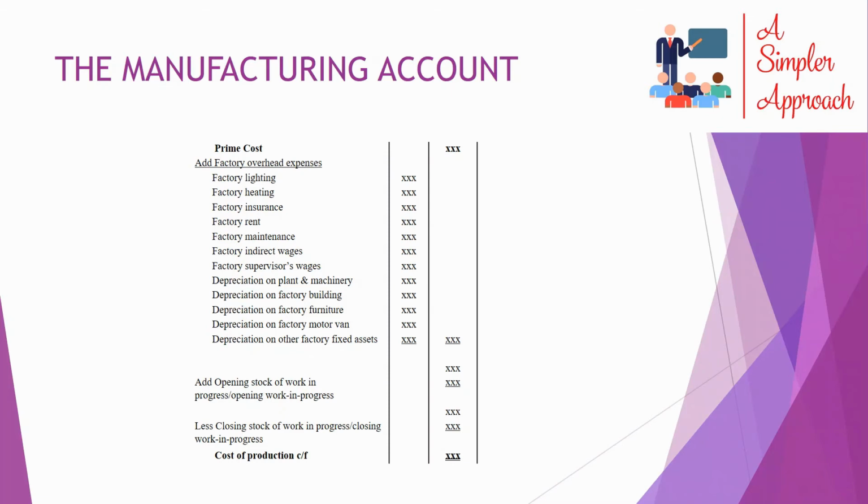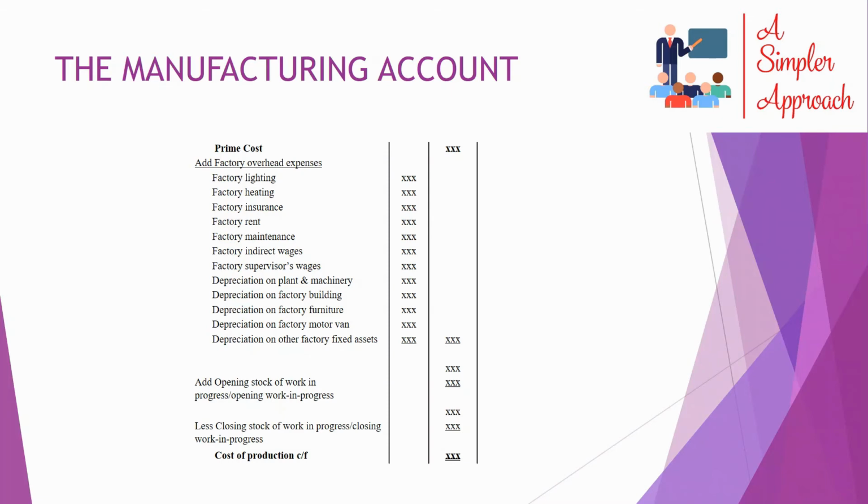So we would add the opening because we're going to finish it first, but then we would subtract the closing because they aren't finished yet, so they cannot be counted. Okay? Because remember, we're ultimately calculating the production cost of goods completed. And those are semi-finished goods, which means they are not completed. Okay?